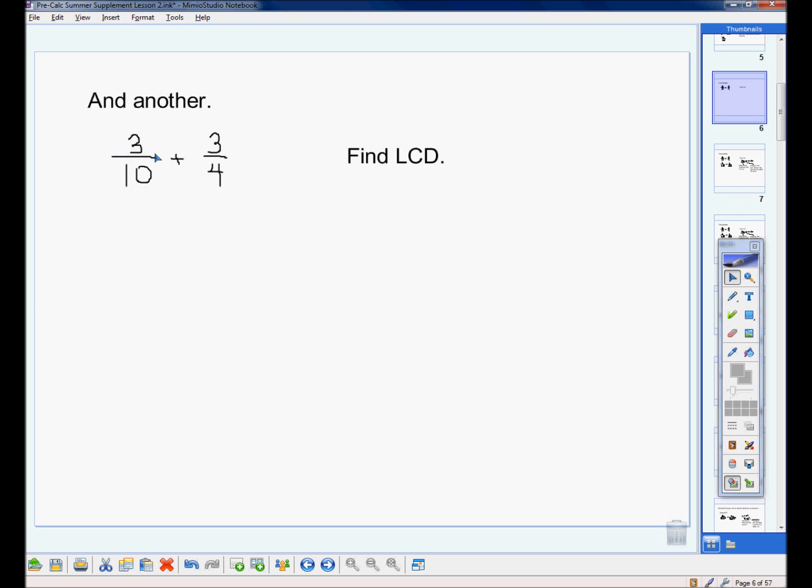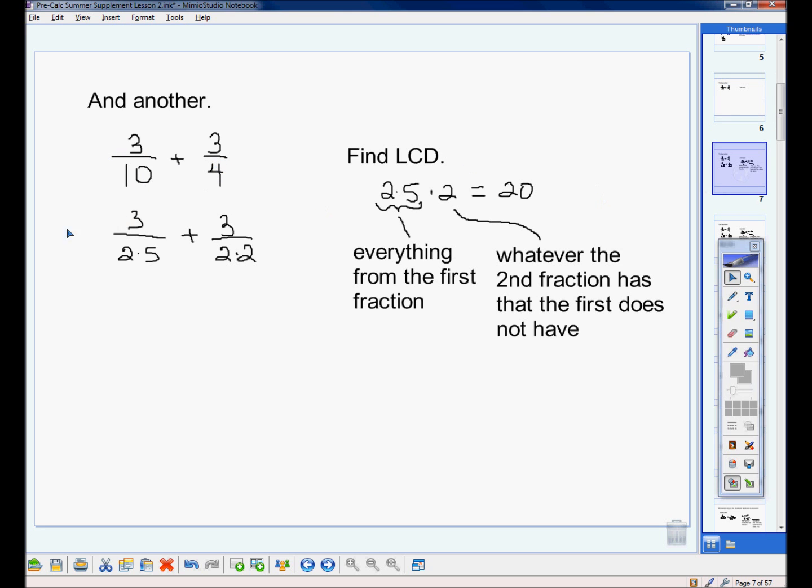So you need to take a look at the factored form of the denominators. So 10 would be 5 times 2, and 4 would be 2 times 2. Okay. When you're finding the least common denominator, you take everything from the first denominator and you multiply it times whatever the second fraction has that the first one doesn't have.